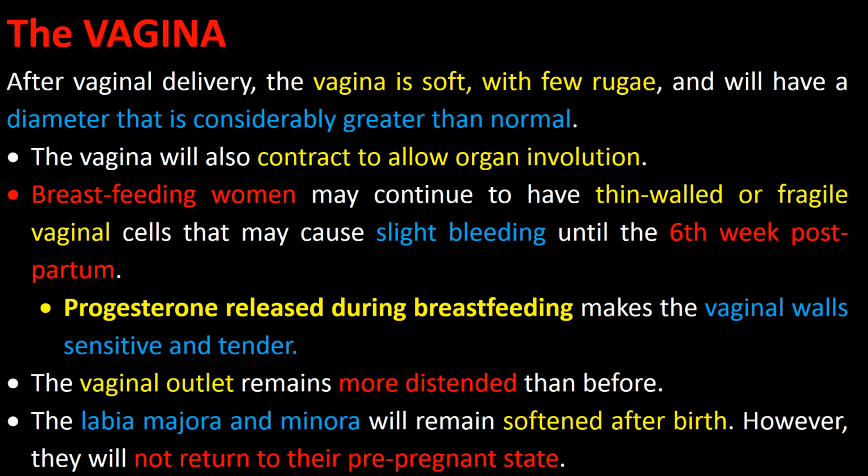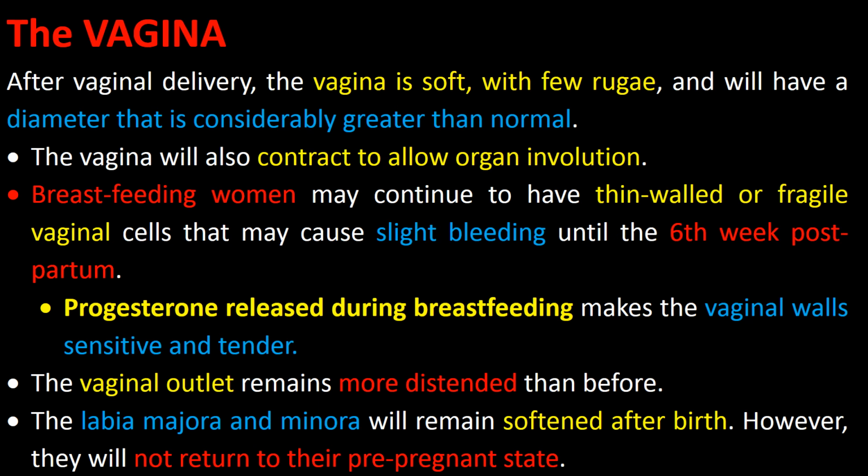We also talk about the vagina. After delivery, the vagina is soft and with a few rugae. When you say rugae, these are skin folds that allow the stretching of the vaginal canal. The vagina will also have a diameter that is considerably greater than normal. So you can expect that the vaginal opening is bigger or wider after delivery.